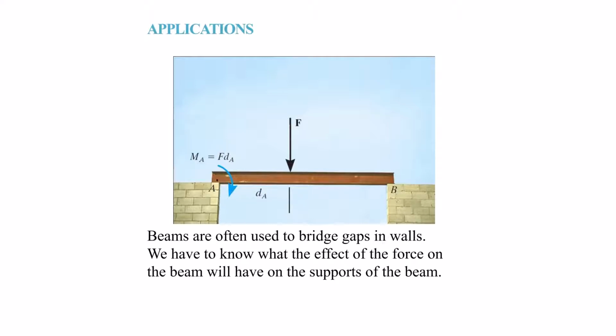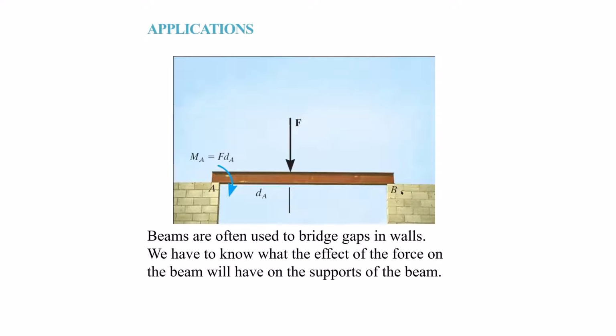What ends up happening is that we have another force acting straight up from here, and we have a distance from A to B. So we have another moment, or reactive moment, due to the force acting at point B to stop it from rotating.